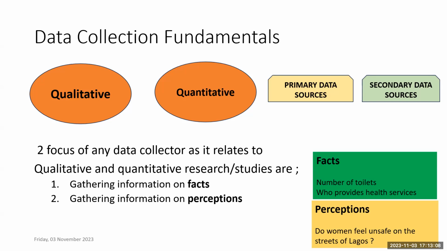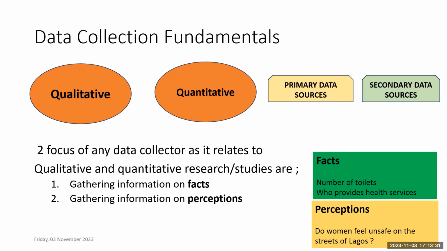However, secondary data sources in qualitative or quantitative research are data sources that are not collected by you or the individual who wants to utilize that data. Maybe it was collected by someone else, or posted on the internet, or gathered in some way or the other. They are secondary to you.